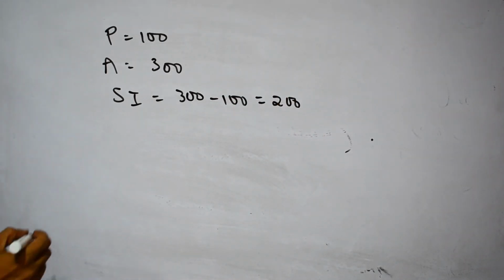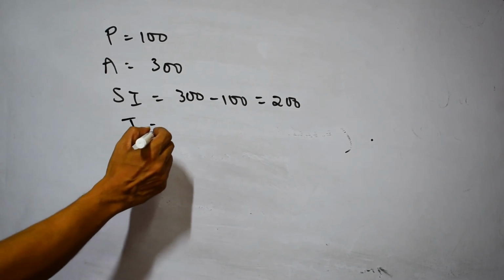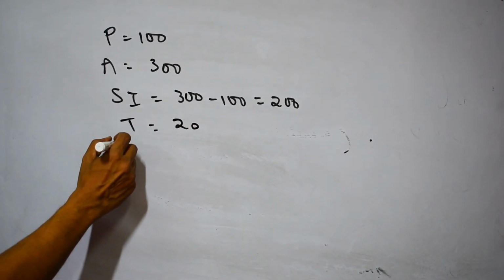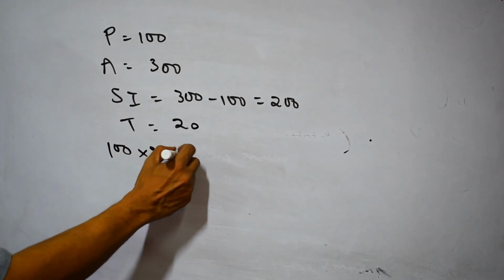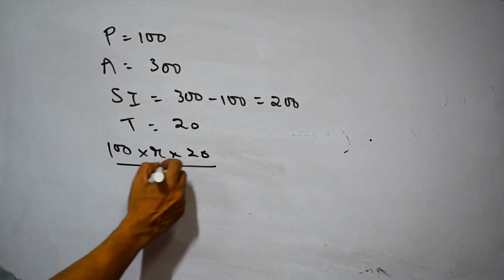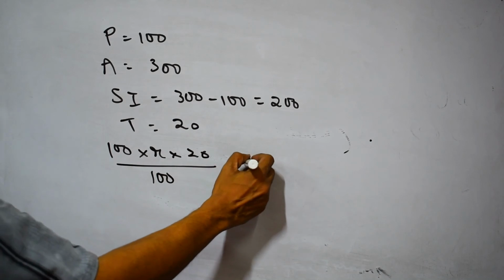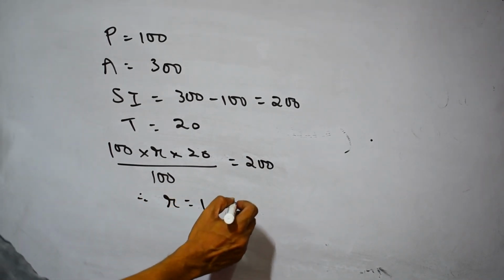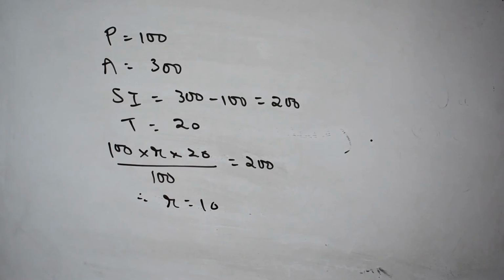Rate we don't know, but time is given to be 20 years. So we have 100 into R into 20 divided by 100 equals 200, the simple interest. Very simple, R is 10%. So rate of interest will be 10%.